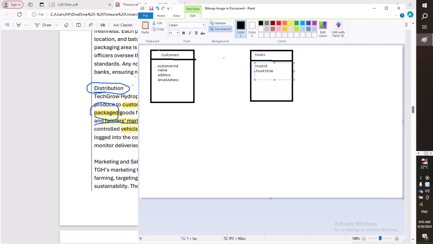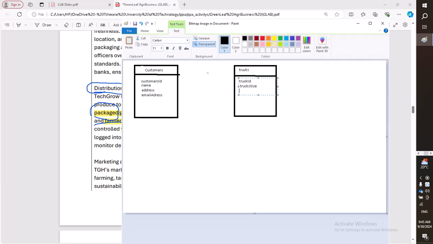Another thing, the truck type, the type of the truck. So these are the variables when I'm creating my domain class diagram.